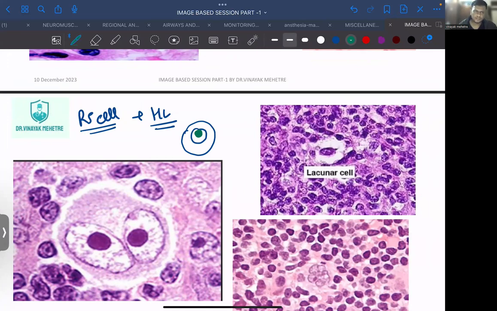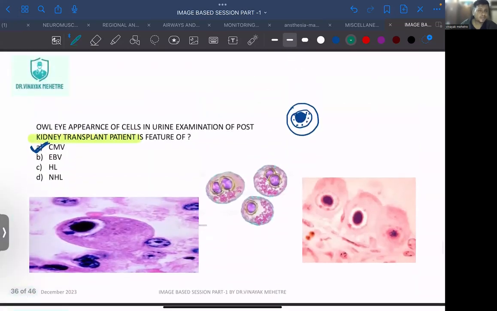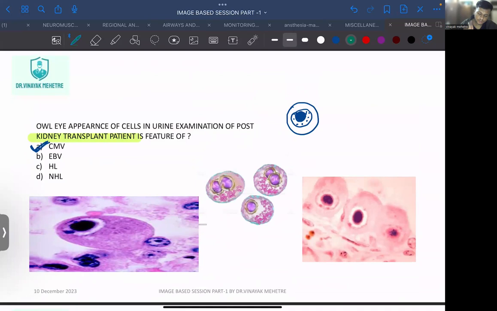Still, see, everyone is not a clever guy. Even your examiner can make fool out of themselves. गूगल से इमेज उठाएंगे, गलती करेंगे. If you are getting a question which has written kidney transplant patient, always mark CMV irrespective of which kind of outline they have given. ठीक है? उसके डिटेल में नहीं जाना है.